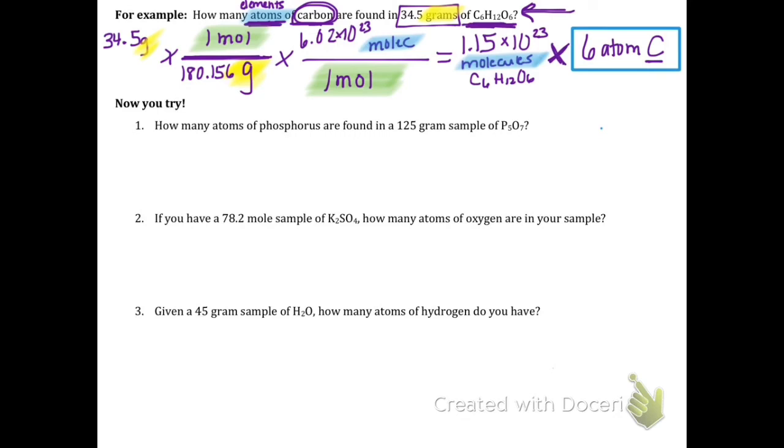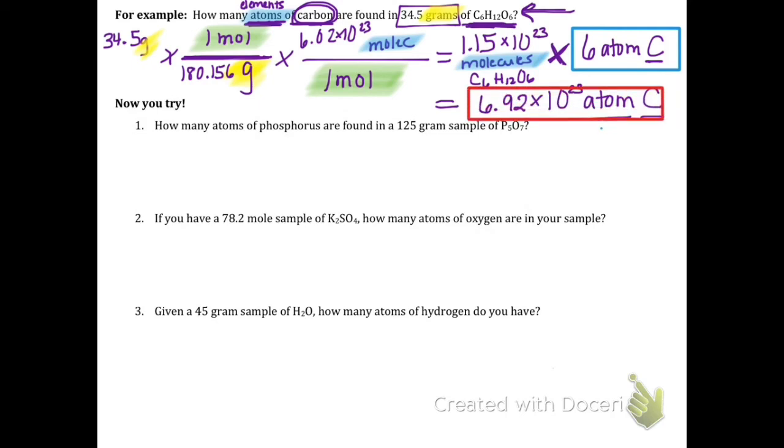Take the number you just had on your calculator and multiply it by 6. You should get the answer 6.92 times 10 to the 23 atoms of carbon. That's what we wanted to end with because that's what's in the problem. So this is our final answer.